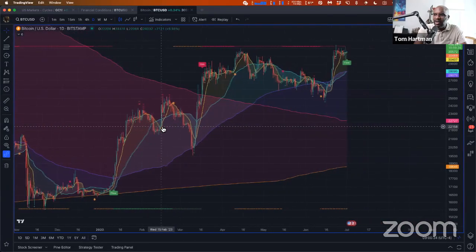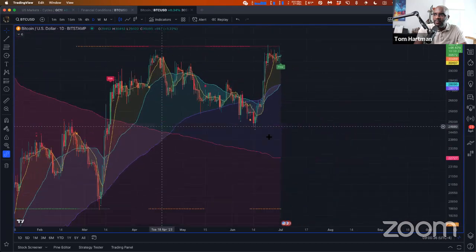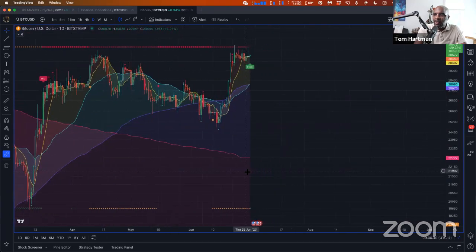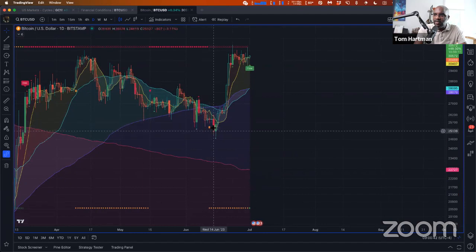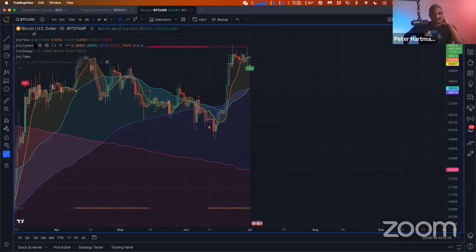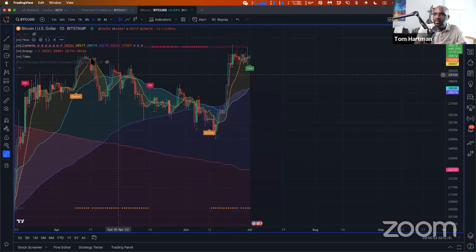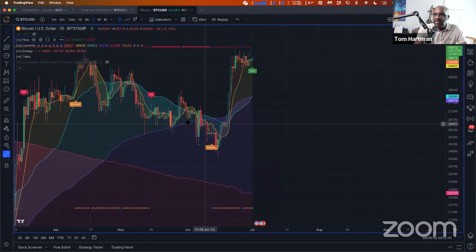What's interesting here, Peter, I don't know if I really hit on this before, but we have these ebbs and flows, but we also have these orange or yellowish dots here. These guys are bounces and dips.